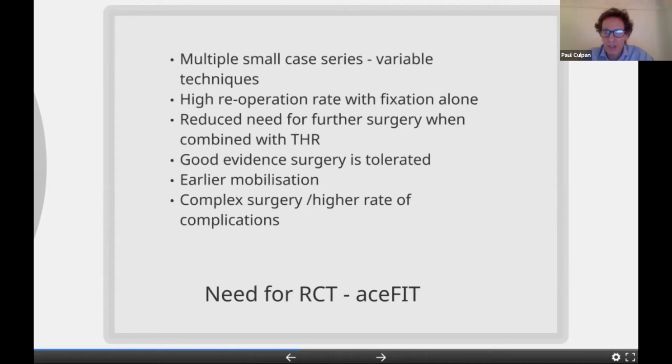The reoperation rate from fixation alone is very high. So the appeal of fix and replace is that you're doing it in a single sitting, whether it's staged or in a single sitting is considered to be one episode, if you like. And there's clear benefits to early mobilization.